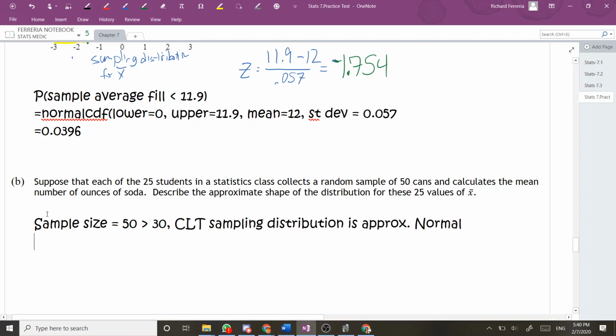Our mean of the sampling distribution, our mean of X bar, that's going to be the same thing as the mean of our, oh wait, no, we just want to get the approximate shape. So we have the approximate shape. That approximate shape is approximately normal.